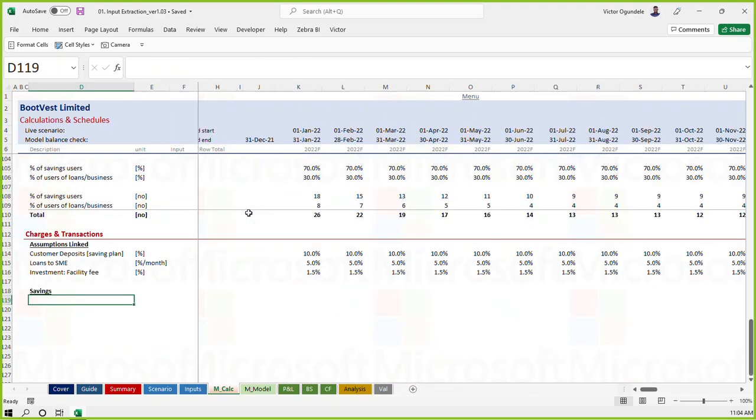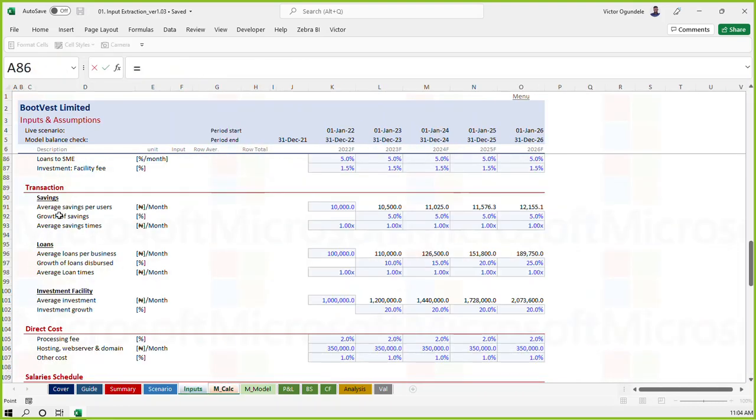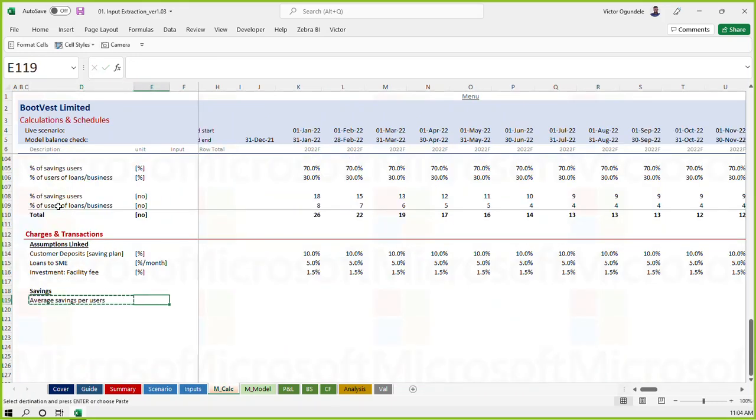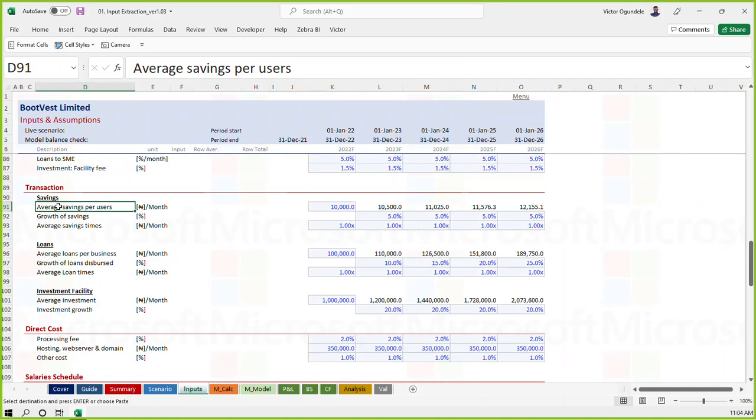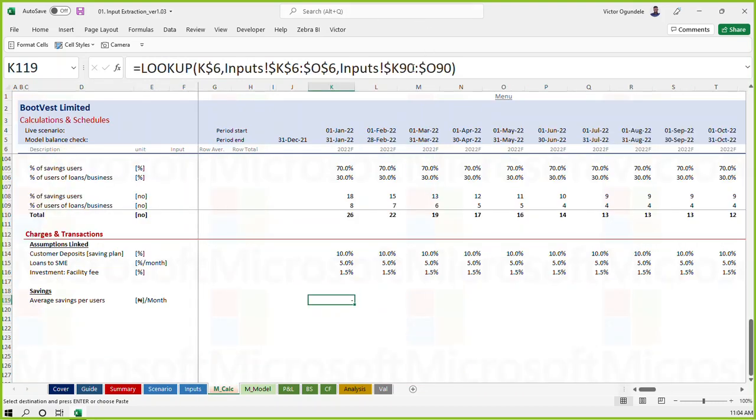So let's bring that in, equal to average savings per month. Let me copy this formula, put it here, and that should be row 91. So let me change this to 91, and let me format this.